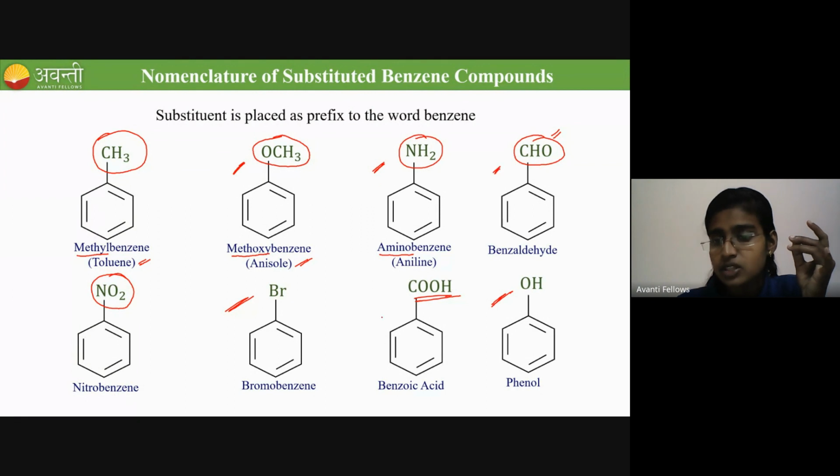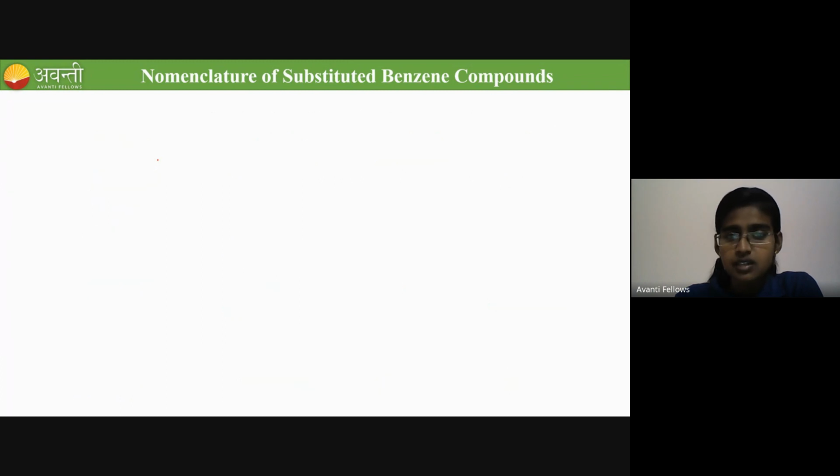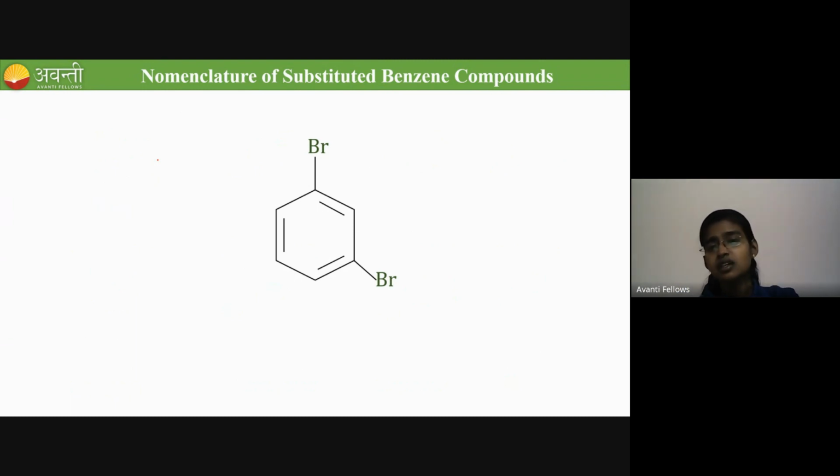In carboxylic acids, benzoic acid will be discussed. In hydrocarbons, the next lesson, methyl benzene will be discussed. So in each lesson, the corresponding functional group containing aromatic compounds will be discussed. So you have to know the names of all the substituted benzene compounds. Okay. Clear?